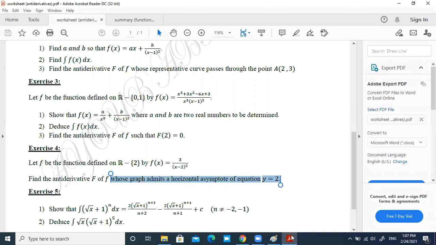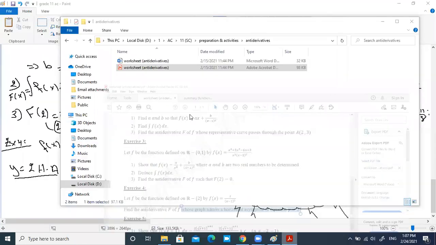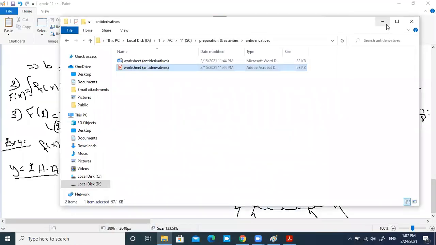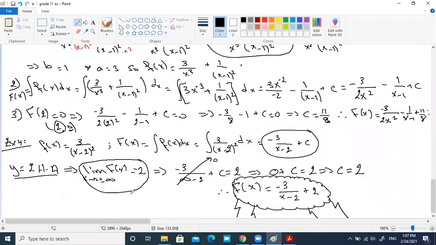This is not from me, it is given. It means that the limit as x approaches infinity is equal to 2. The limit of the function is equal to 2.